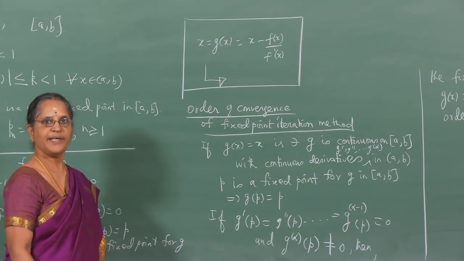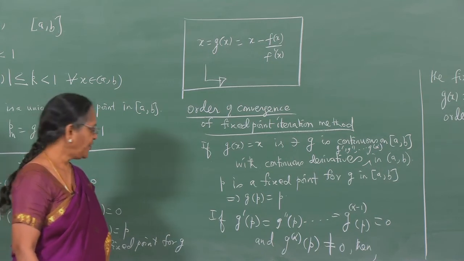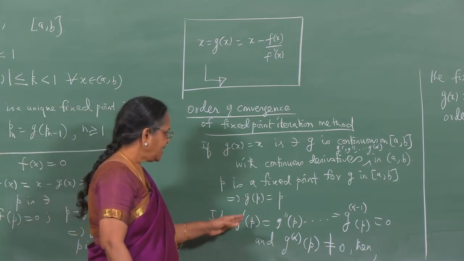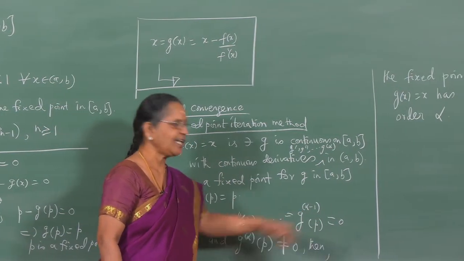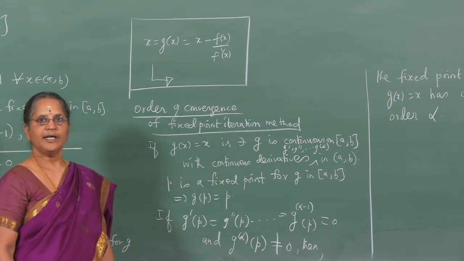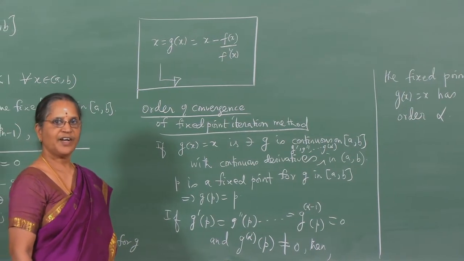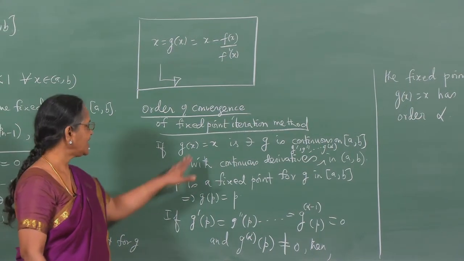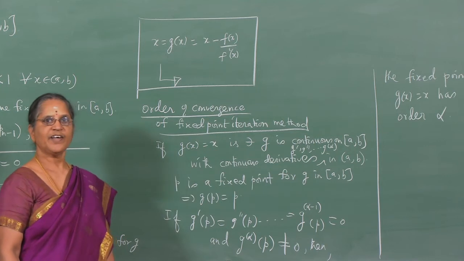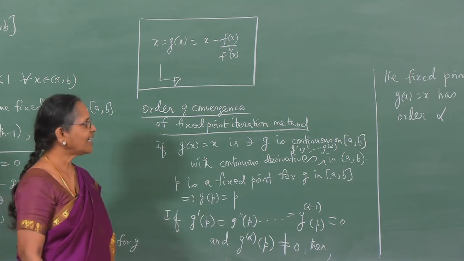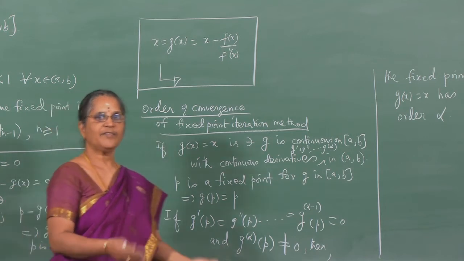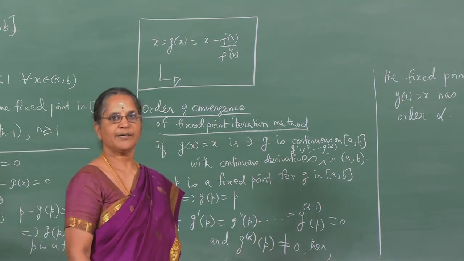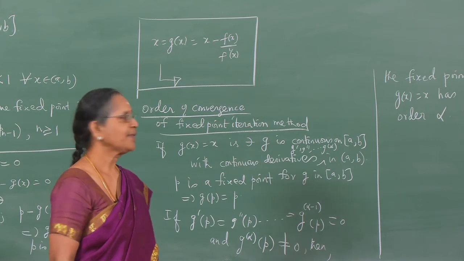So, that g of p is p. If g is such that its derivatives up to alpha minus 1th derivative evaluated at p is 0 and the alphath order derivative is different from 0, then we say that this fixed point method g of x is equal to x has convergence of order alpha, or the order of convergence of the fixed point iteration method is alpha.